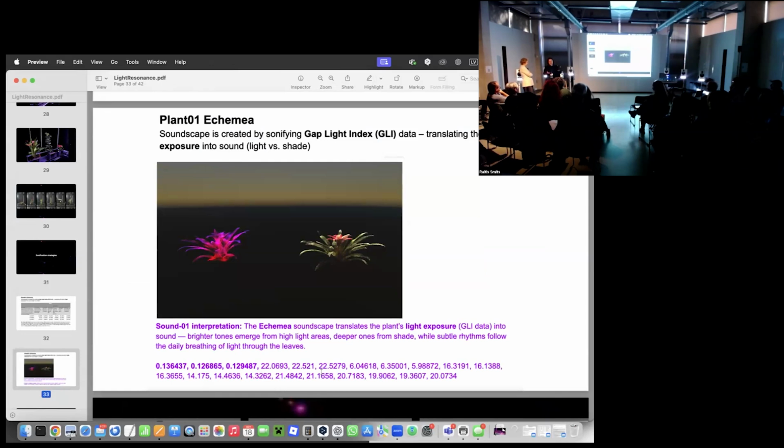And one part of photosynthesis is it cannot happen without water, and water makes sounds. So this was how I came to the idea of using different kinds of water sounds projected on the plants.